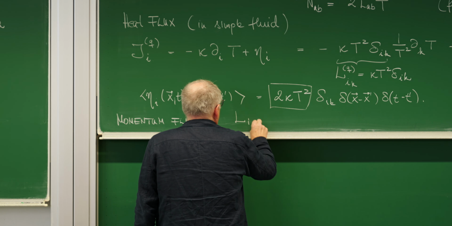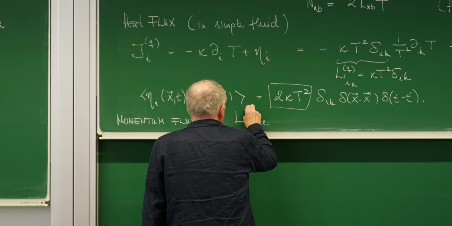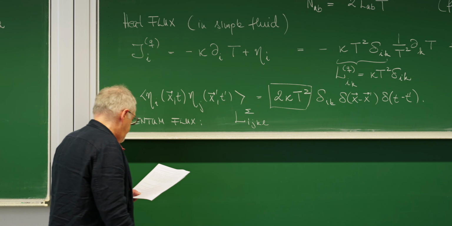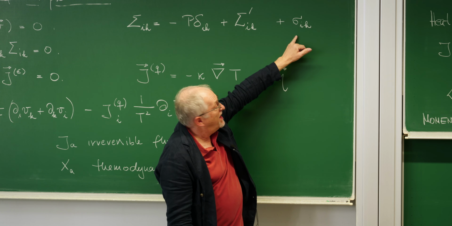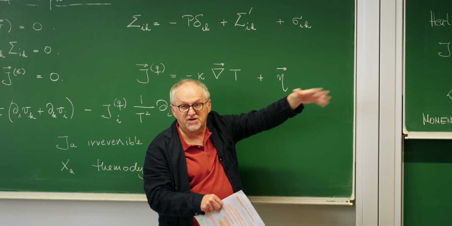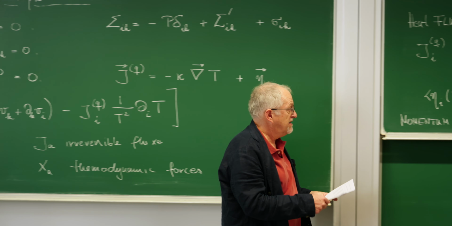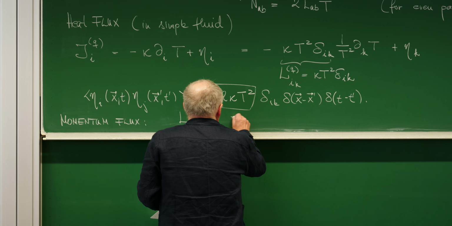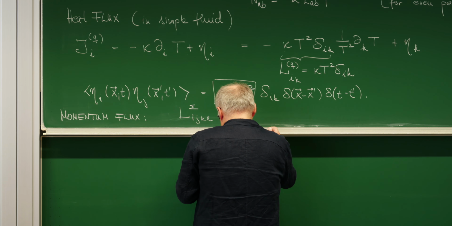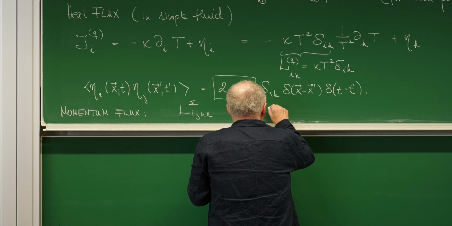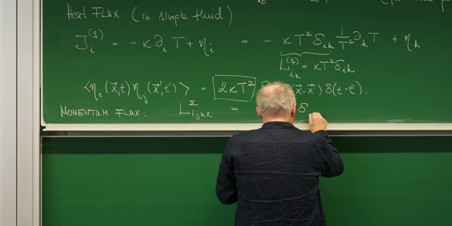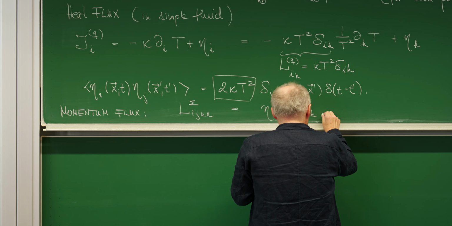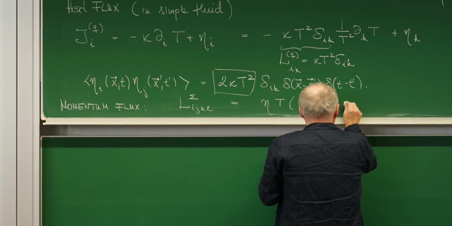So there, L_ijkl for sigma. This is now really writing the average of sigma_ij, sigma_kl, as this matrix times the delta functions. And that turns out to be eta times T, delta_ik delta_jl plus delta_il delta_jk, plus zeta minus 2/3 eta, times temperature, and then the Kronecker deltas of ij and kl.